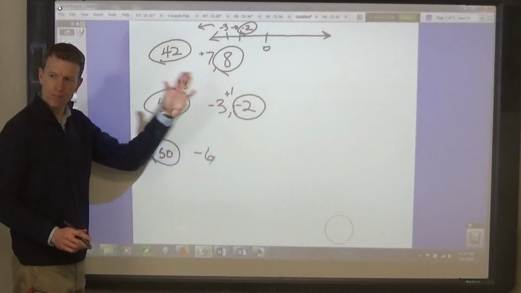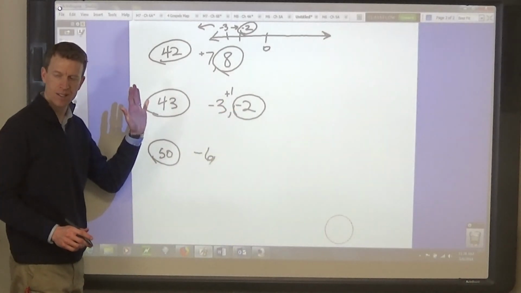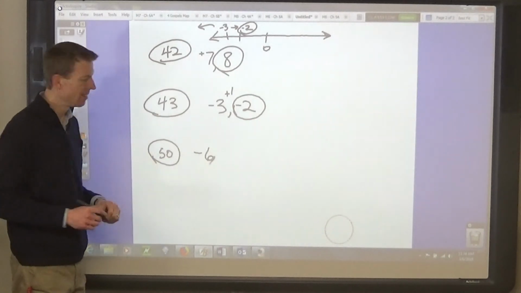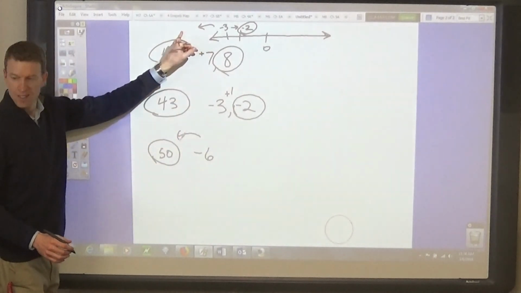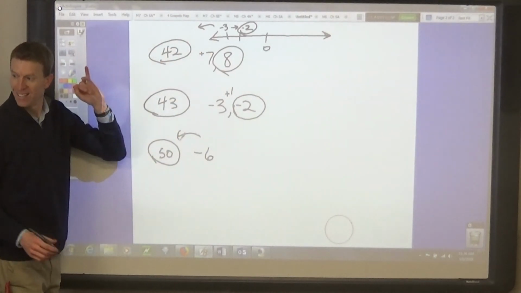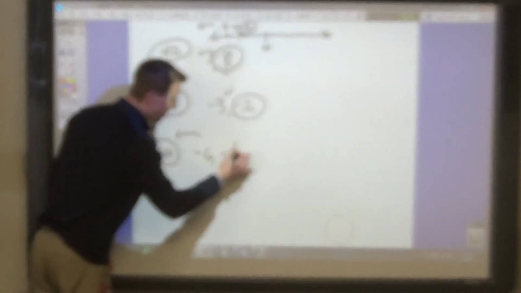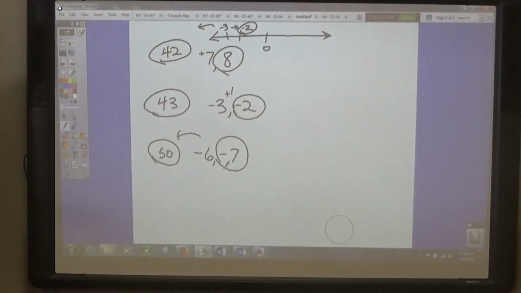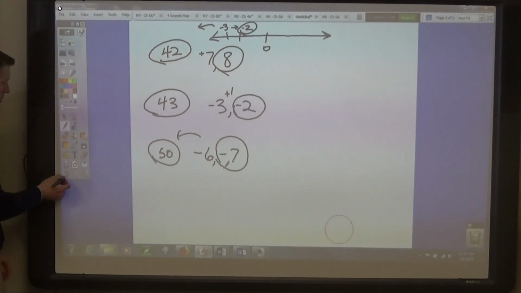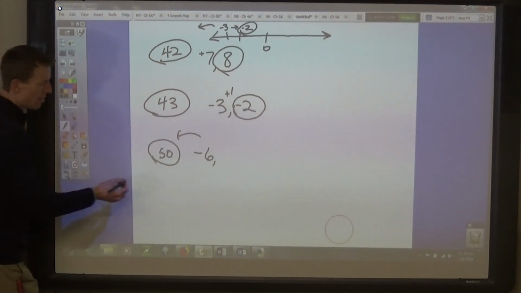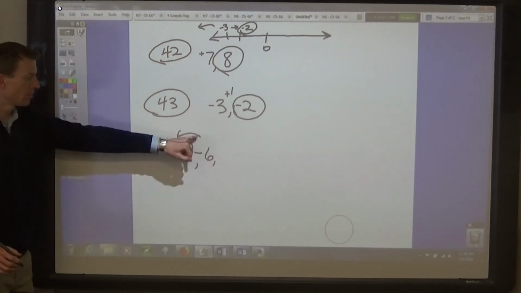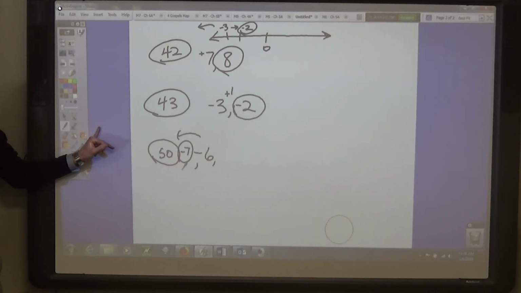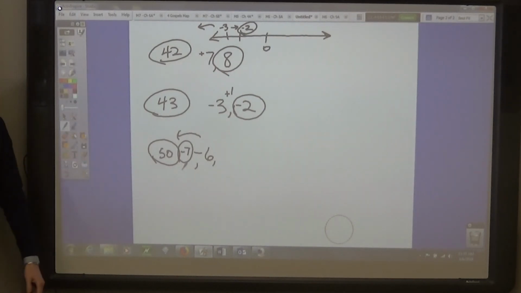What's the number to the left of -6 on the number line? -7, yeah. -7 is 1 to the left. Because the numbers count up in their absolute value. Okay?